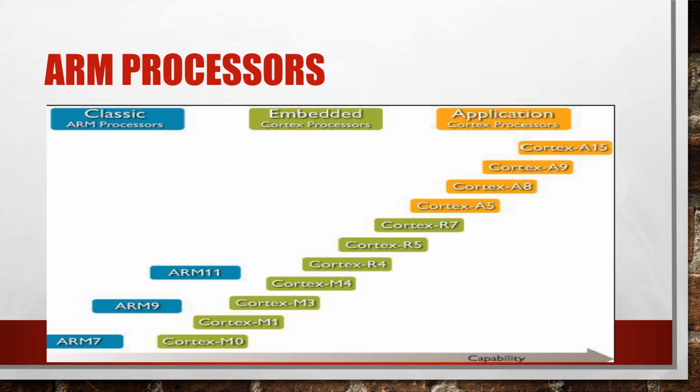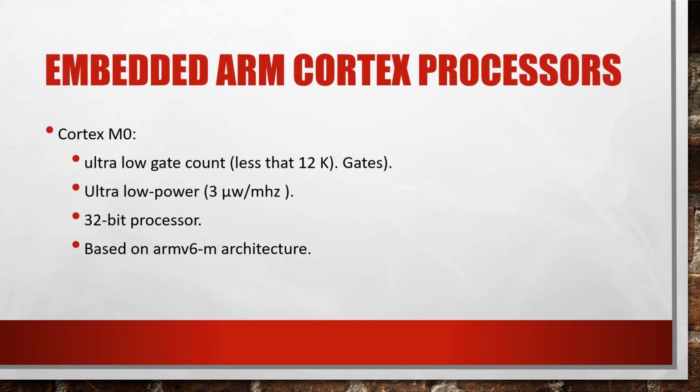Actually, this is more for the learning process. What we have in our lab is Cortex-M0. Cortex-M0 has an ultra low gate count, so the number of transistors is less, about 20K. It has ultra low power consumption, requiring 3 microwatts for every megahertz.